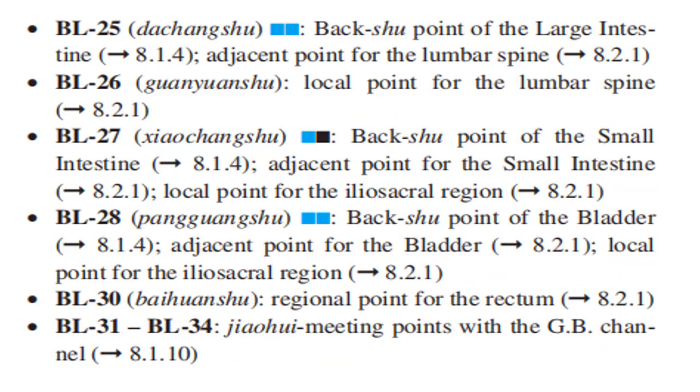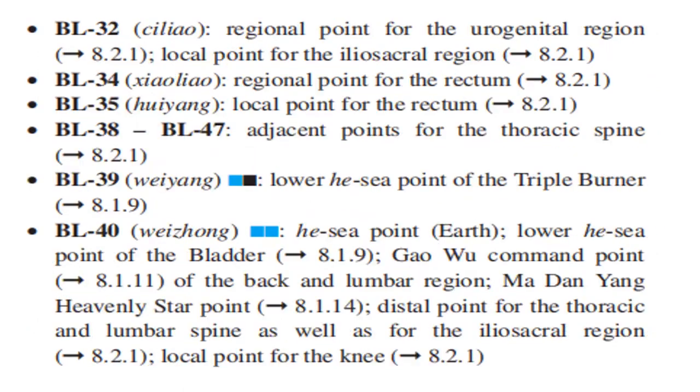Bladder 30 is the regional point for the rectum. Bladder 31, bladder 34, Yao Wei meeting points for the GB channel. Bladder 32, regional point for the urogenital region, local point for the iliosacral region. Bladder 34, regional point for the rectum.